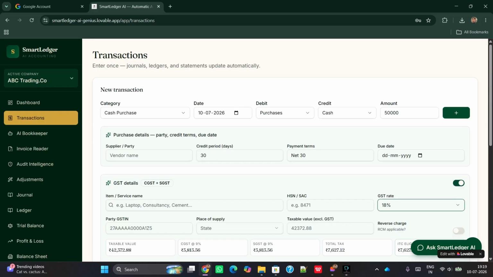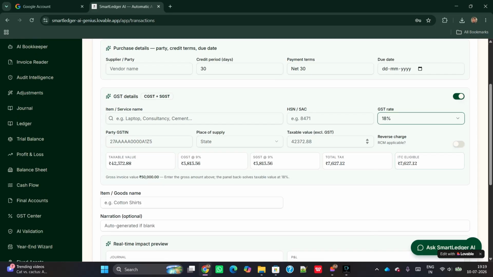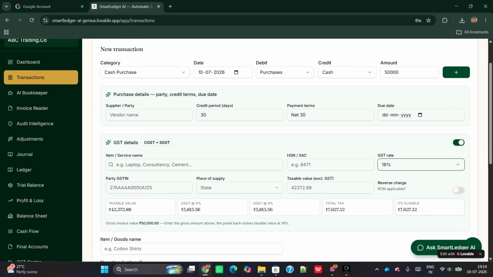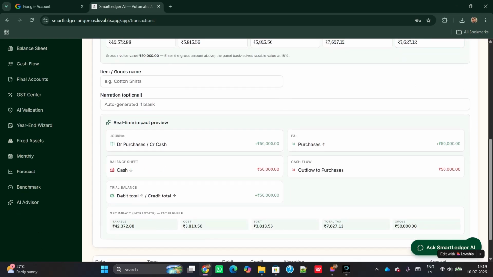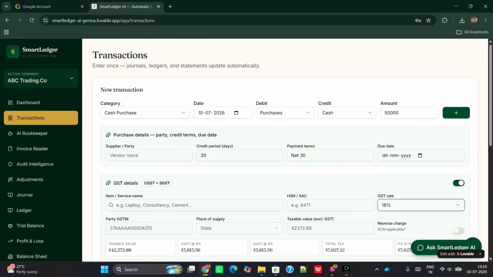Once we select the GST percent on the amount, the smart ledger automatically calculates the taxable value, what the CGST would be, what the SGST would be, and the total tax. All the values are calculated automatically by the smart ledger AI. It also gives a real-time impact preview of the posting of the accounts. So let's add the cash purchase. Yes, our transaction has been added successfully.